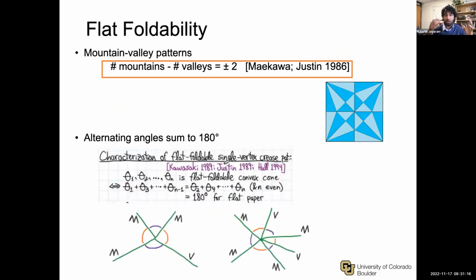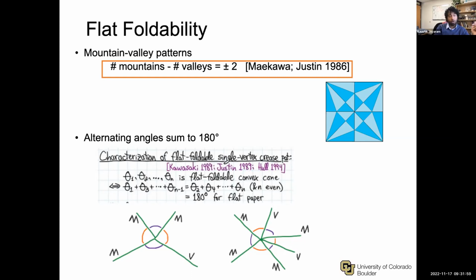And some really fundamental results are, for example, that at any vertex in an origami structure, the difference between the number of mountains and valleys at that crease intersection needs to be 2. Another really interesting and intuitive result is that if you look at the alternating angles at a crease intersection, they sum up to 180, and there are some really interesting mathematical proofs to help think about those. But these are some ideas, and if people are interested, Eric Demaine at MIT runs a wonderful course.